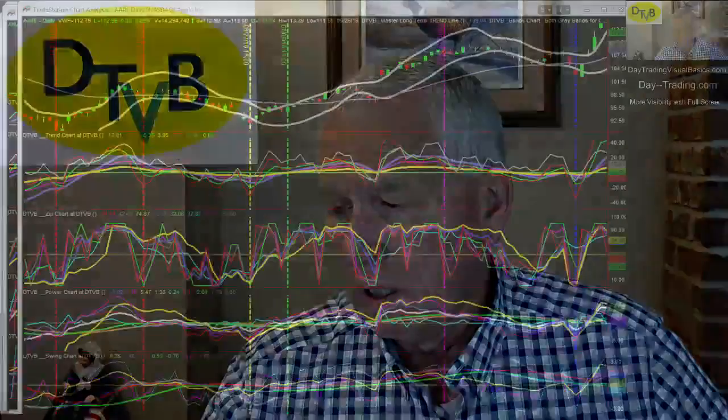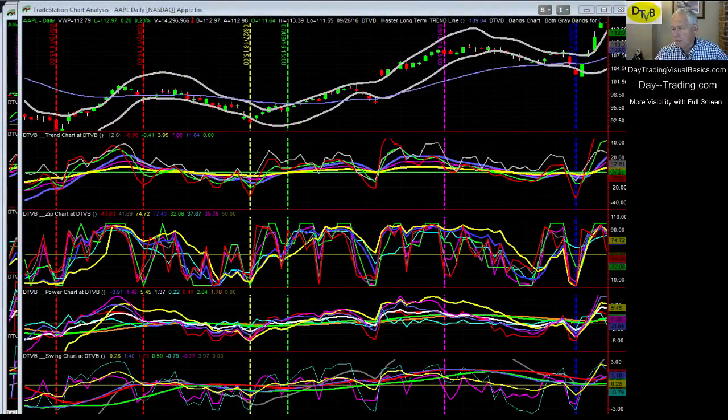Now, I've identified those three groups, and this is the key thing that I want you to see on the charts. In this example, I have all of the lines. They're different colors, but all of the lines are in bottom of cycle positions.